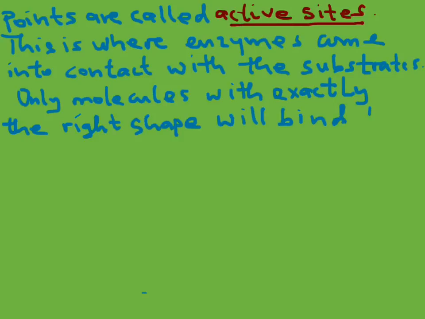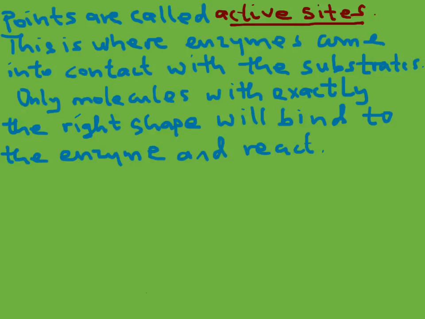Only molecules with exactly the right shape will bind to the enzyme and react. It therefore means that the site of an enzyme must have the same shape as that of the substrate, that is, the molecule that has to bind to that active site.